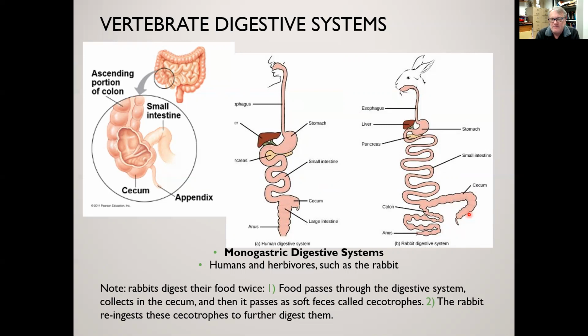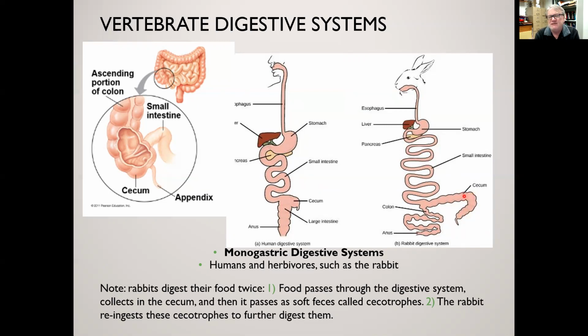In fact, animals can't really digest cellulose, but bacteria can. So the secret of the cecum is that animals that eat a lot of cellulose actually have to have this special pocket here that's full of bacteria.